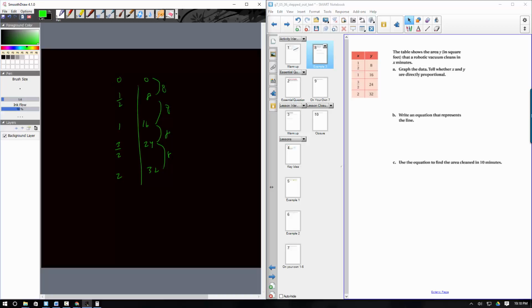And that equals 0. It appears that these are all going by 1/2. So to go down by 1/2 is 0. So I would say this is directly proportional. And I'd say that the formula here would be 8 over 1/2, which is kind of weird to look at. So I just make it 16 over 1. So I'd say y equals 16 over 1x plus 0.